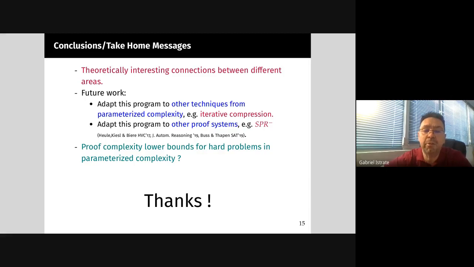Finally, a very interesting direction is sort of the converse one, and an open question is, could we prove lower bounds on proof complexity for hard problems in parameterized complexity? So is it, in a way, can we connect hardness in a parameterized sense to hardness in the proof complexity case? So that's it. Thank you.